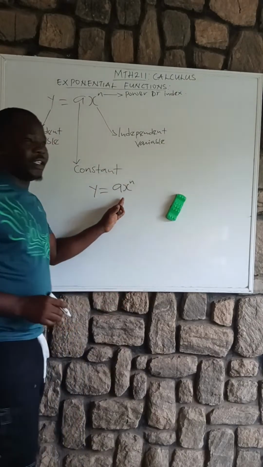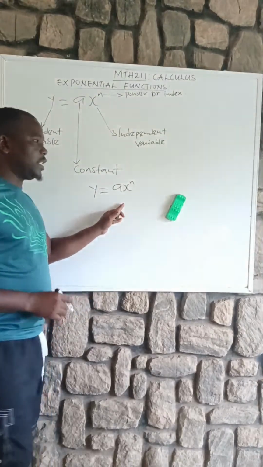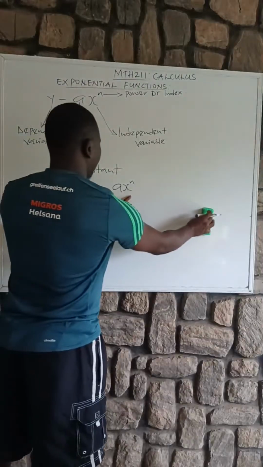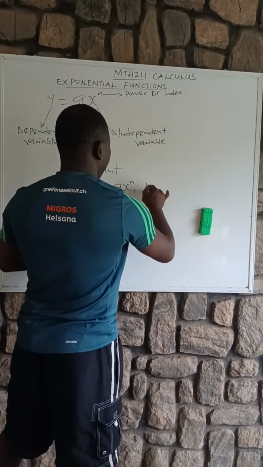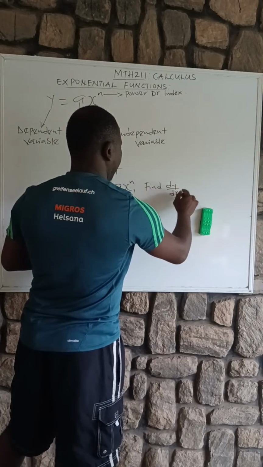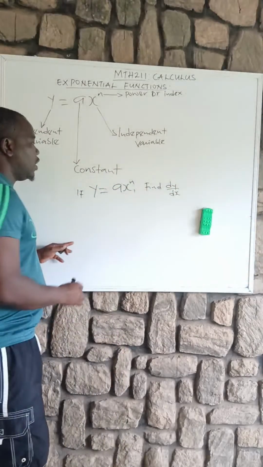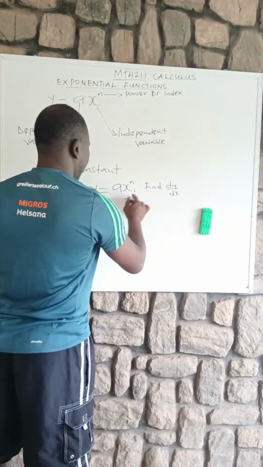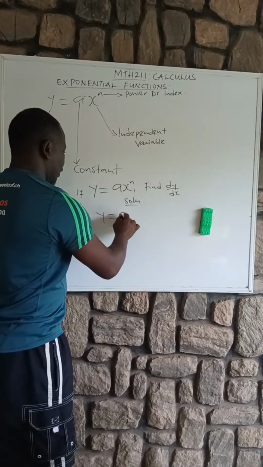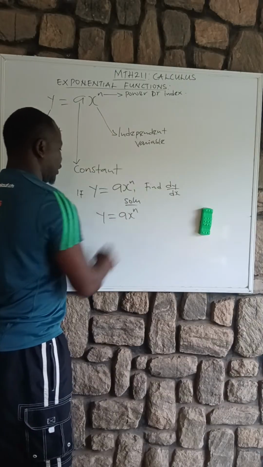So let us define differentiation mathematically. If y is equal to this function, and you are asked to find dy over dx, it's as simple as ABC. It is not difficult. It means y is equal to ax raised to the power of n.